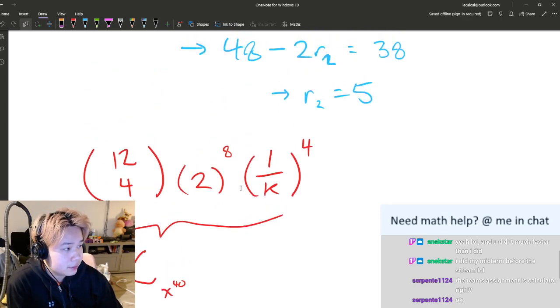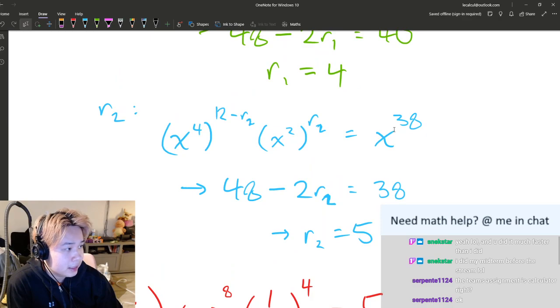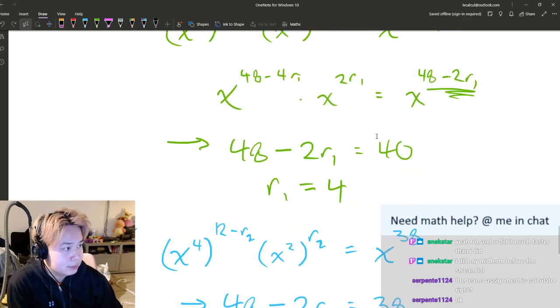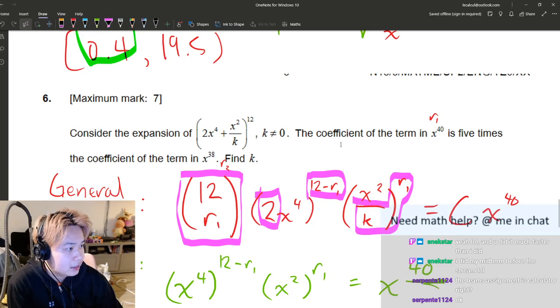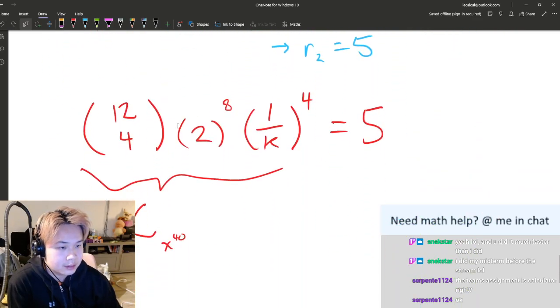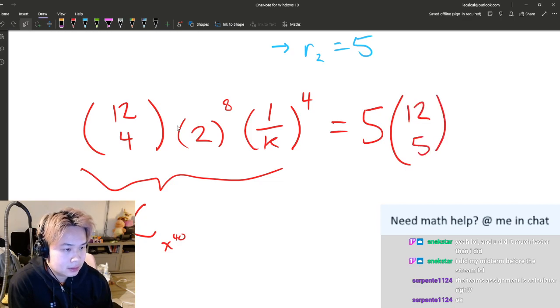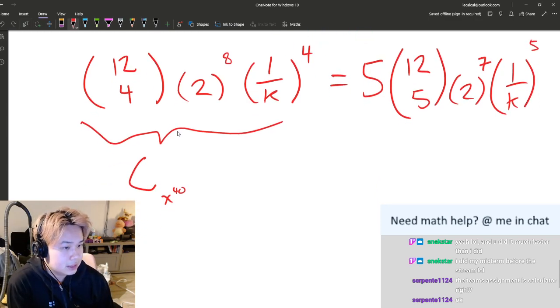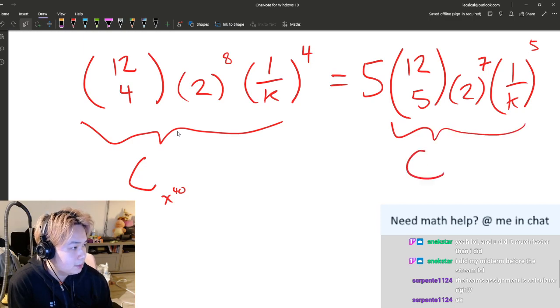Okay, how does this help us solve k? Well, we know what this is equal to, because it says that it's 5 times the coefficient of the x to the power 38 term. So this is the coefficient of x to the power 38.